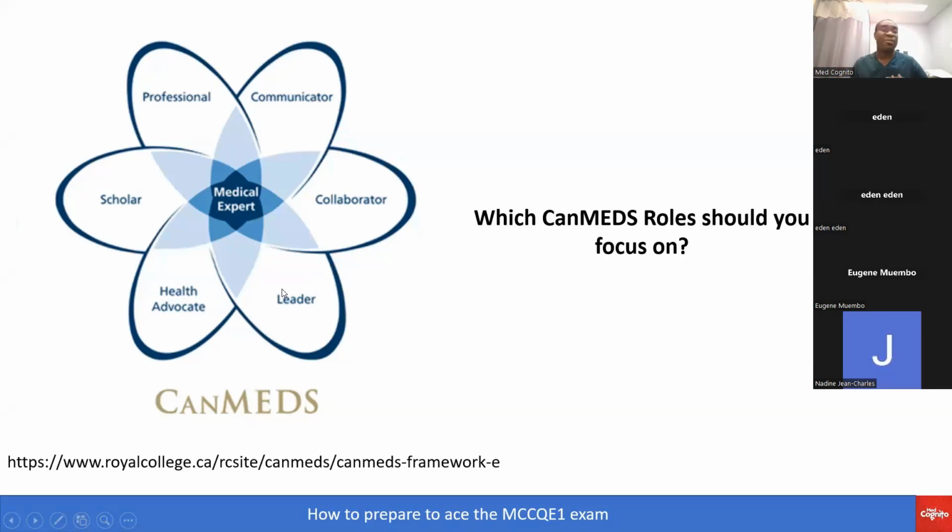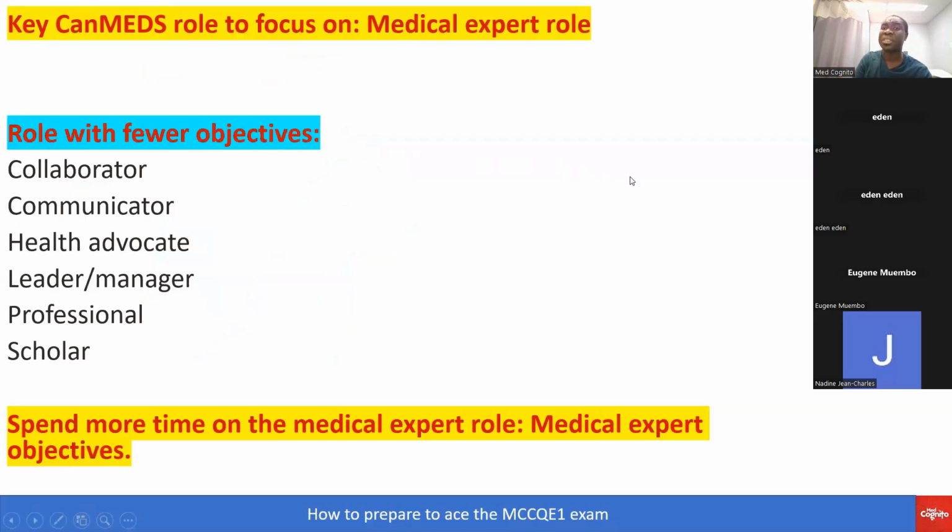So maybe if you're a doctor managing a patient and you have a resident with you, what are your obligations towards the resident? And collaborator: in which cases are you going to refer to other specialists? In which cases are you going to get other healthcare professionals to come in? So which CanMEDS roles should you focus on? This is the framework you need to use in your preparation for the exam. That's all.